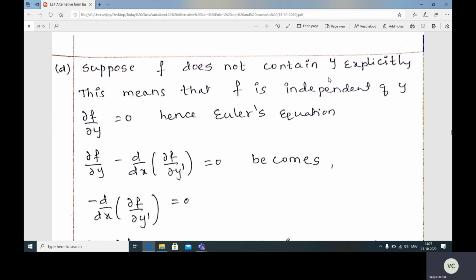Suppose f does not contain y. F does not contain y means here f is independent of y. Obviously, ∂f/∂y is 0. Hence, Euler's theorem becomes: in place of ∂f/∂y substitute 0. So 0 minus d/dx of ∂f/∂y' is equal to 0.